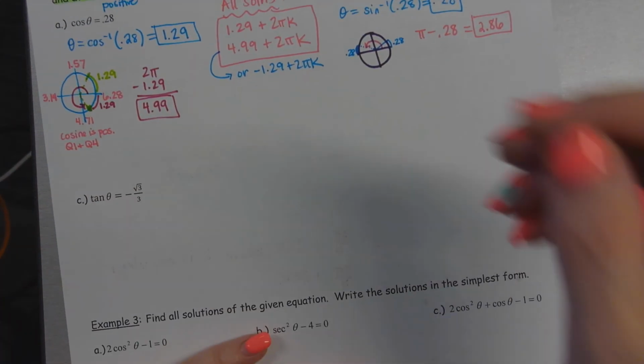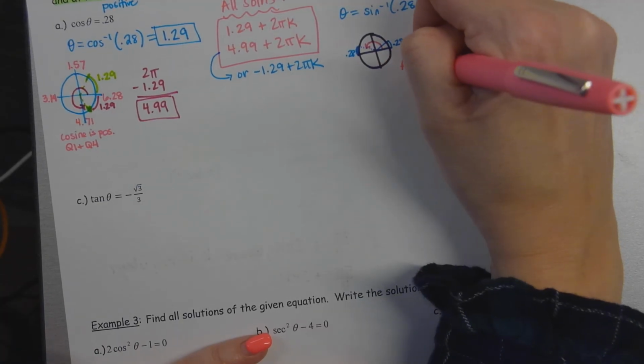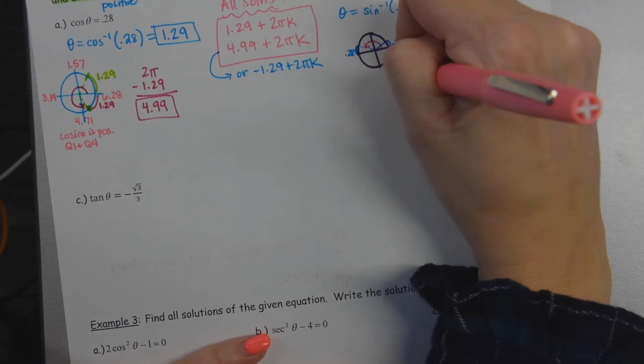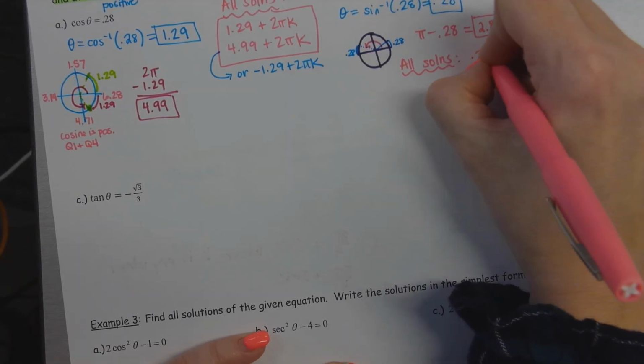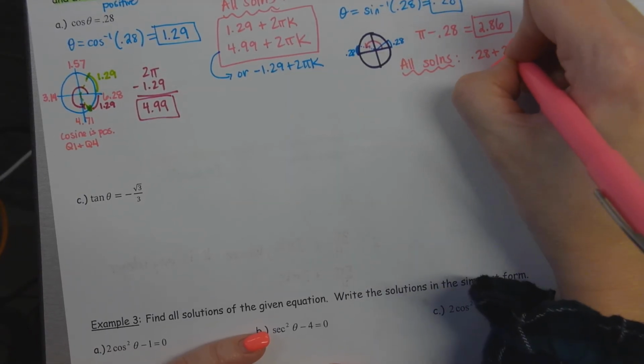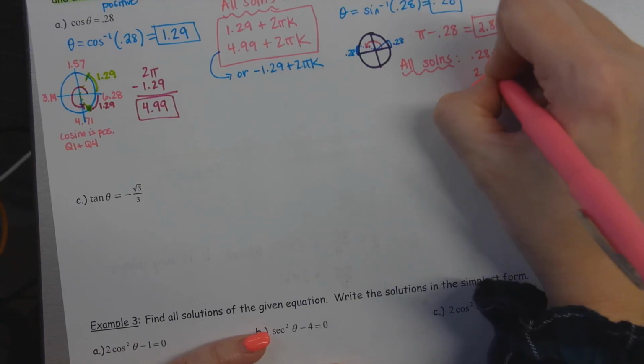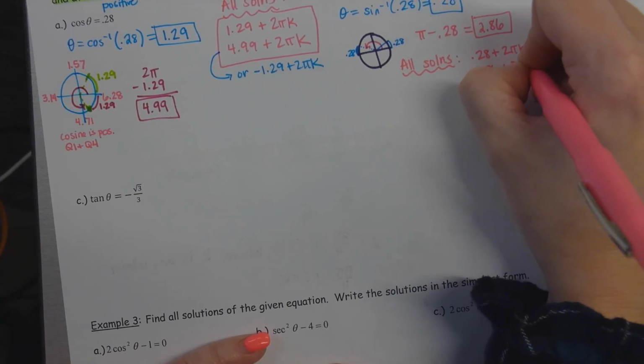Okay, so we're going to write all solutions, and then we're going to go back for both of these and do our specific solutions. Okay, so we have 0.28 plus 2 pi k. We have 2.86 plus 2 pi k.